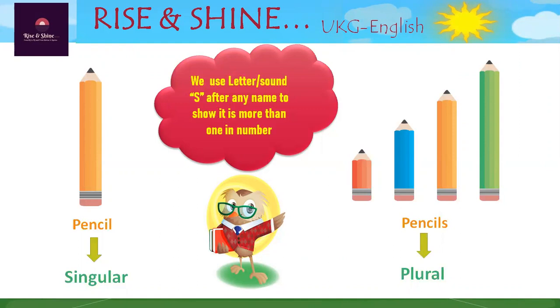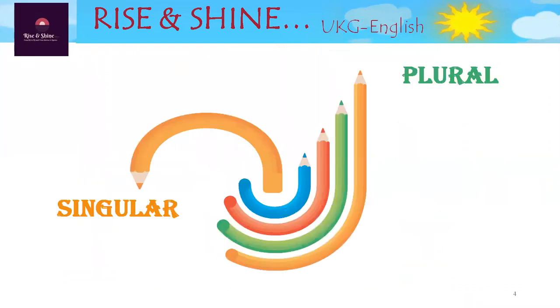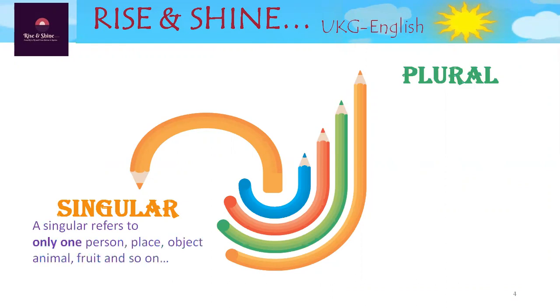So let's go to what is called singular and what is called plural. A singular refers to only one person, place, object, animal, fruit, and so on. Name of anything which is only 1 in number.